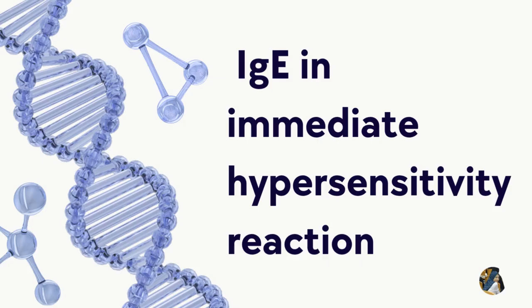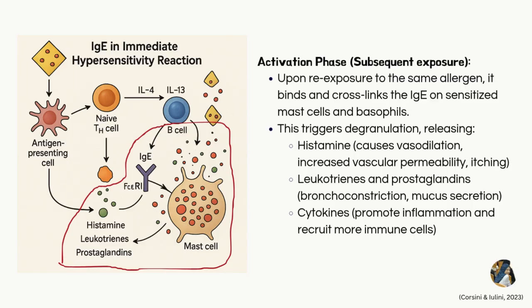This reaction happens during the second exposure to an allergen after the body has already been sensitized and IgE antibodies are present on mast cells. The next process is called the activation phase, when the same allergen enters the body again, like pollen, dust or pet dander.